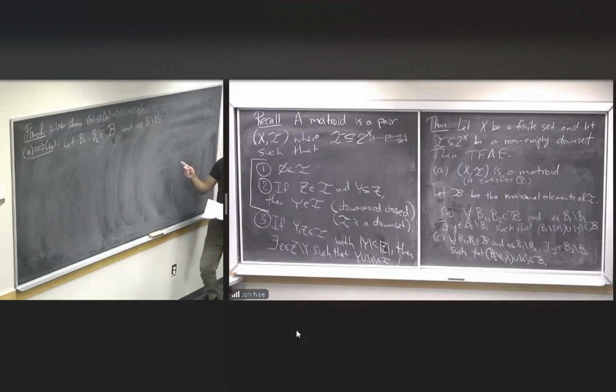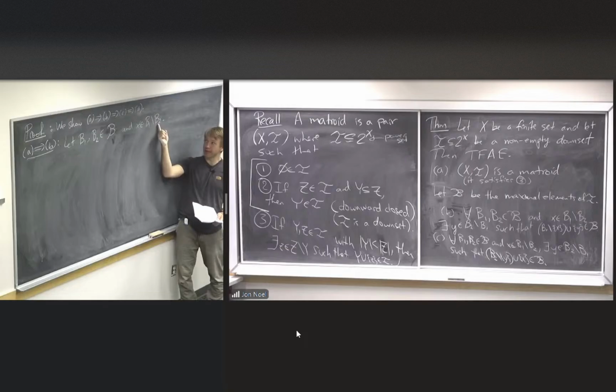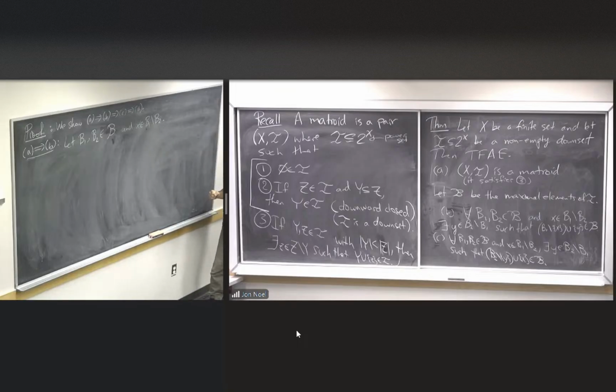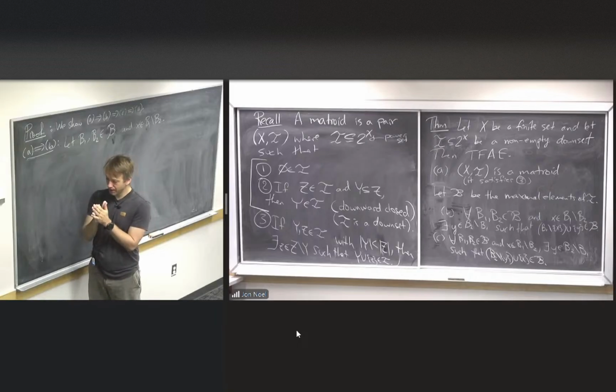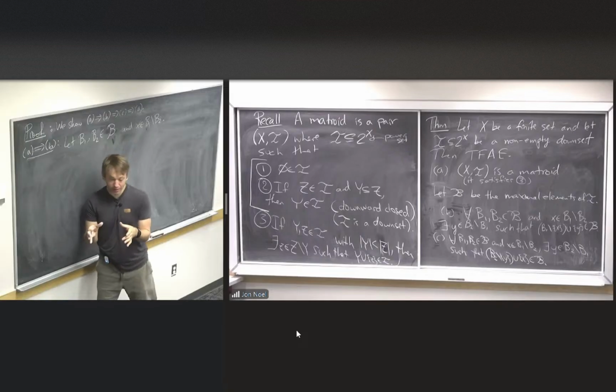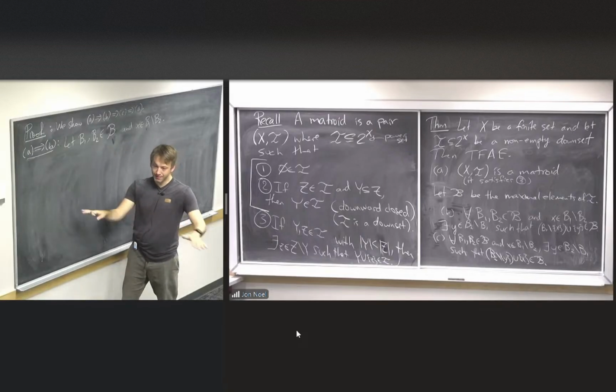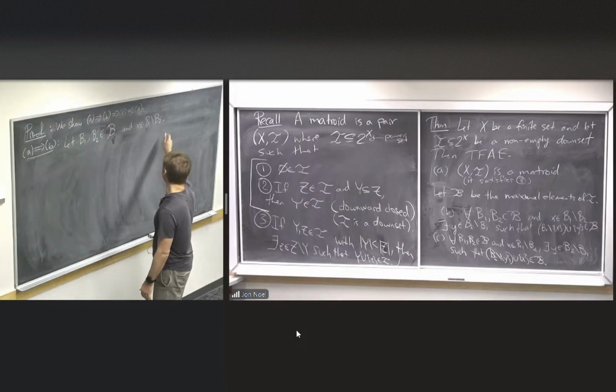I want to find something in B2 that's not in B1 that I can add to B1 and keep it an element of B. Here's something we need to remember. When I'm proving A implies B, we can assume at this point that it's a Matroid. And one thing we proved last time is that if you have a Matroid, then all the bases have the same size.